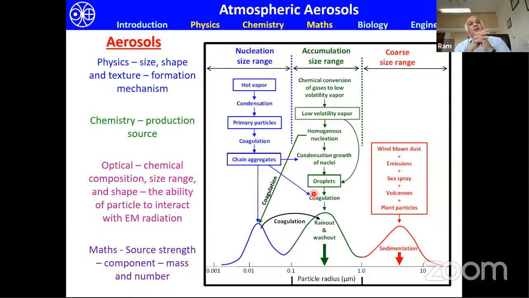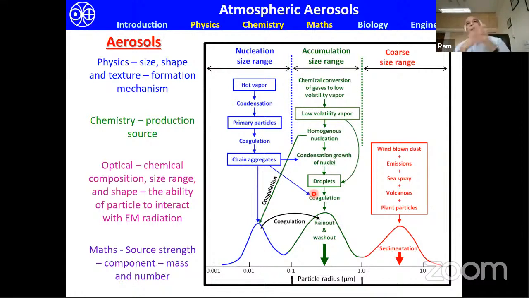The size, shape, and structure of these particles vary. The formation mechanism determines the physical characteristics, while the production source, whether it is a vehicular emission versus a volcano versus wind-blown mineral dust, determines the chemical composition of the species.